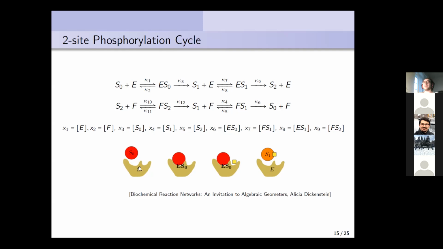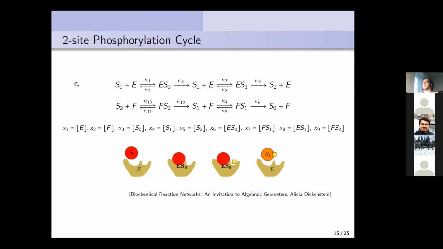E is the enzyme that is catalyzing this phosphorylation process, and F is the other enzyme. E is called the kinase enzyme, and F is the phosphatase enzyme. So E binds the phosphate to a certain protein, and F detaches this phosphate group from it.